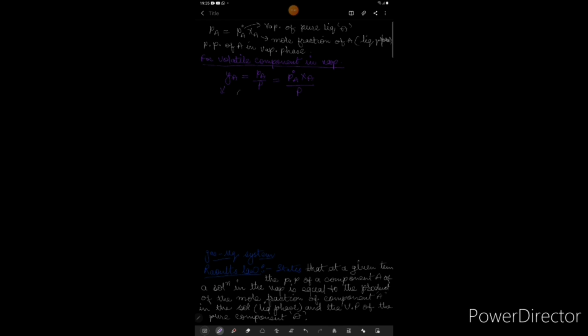Okay, so here mole fraction of A, that is the volatile component, in vapor phase, and here in liquid phase.